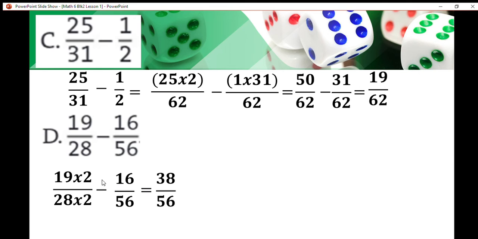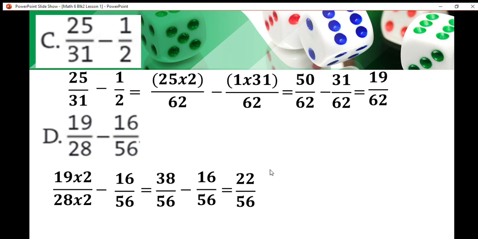So 19 times 2 is 38, 28 times 2 is 56, minus, copy our second fraction, 16 over 56. 38 minus 16 is equal to 22. The denominators are the same, so we'll just copy it to get the answer, 22 over 56.